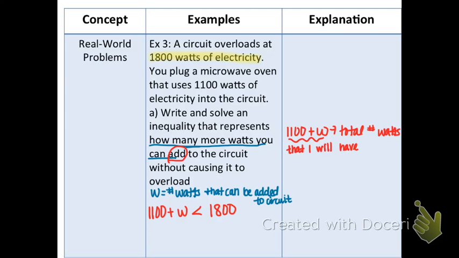Okay, but 1800 is the max. Actually, no, it's not the max. It is when it overloads. At 1800 watts it overloads. So I want it to be less than 1800.